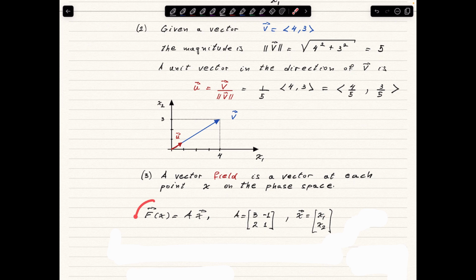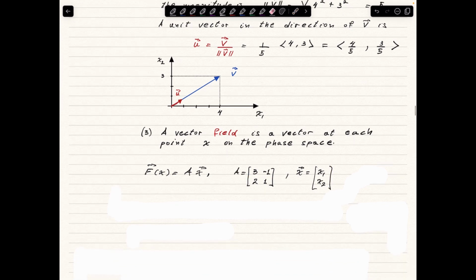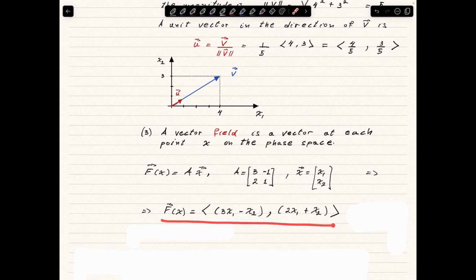So what is this function f of x equal to the matrix acting on the vector? We need to do the matrix-vector product, and what we get is a vector field that in the bracket notation looks like that.